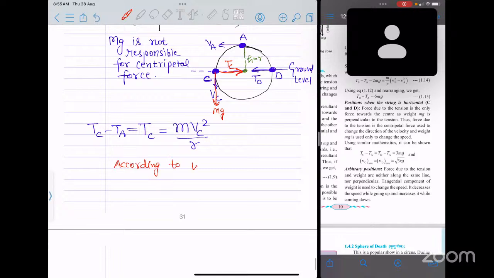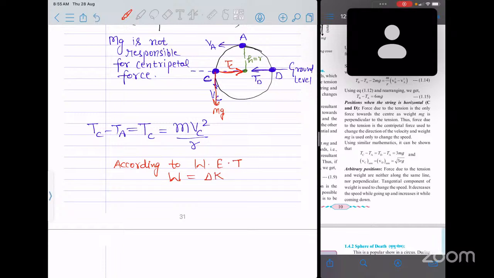According to the work energy theorem, work done by the gravitational force to take the object from point A to point C will be equal to the change in its kinetic energy.